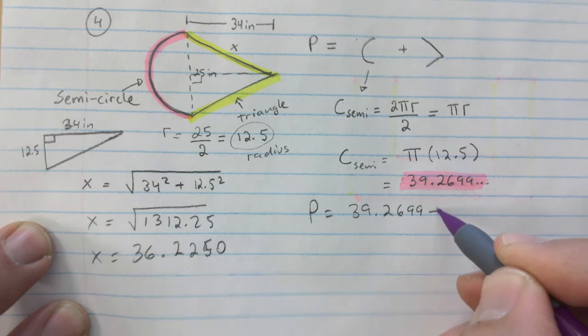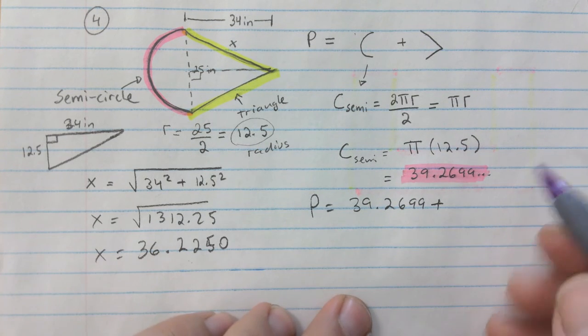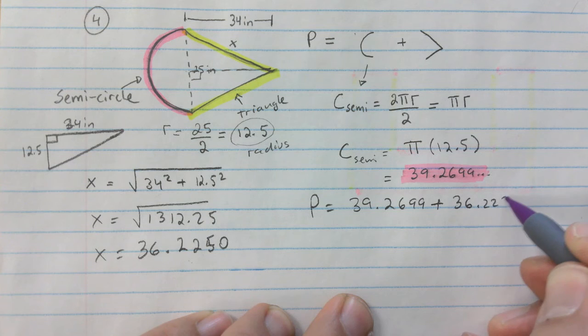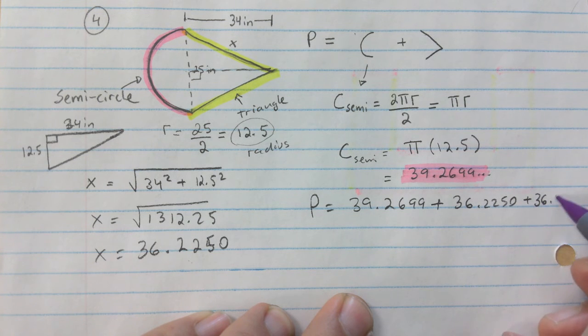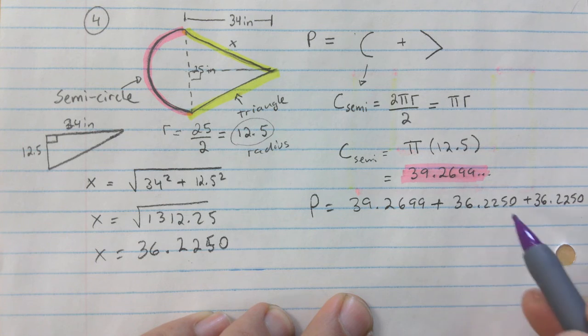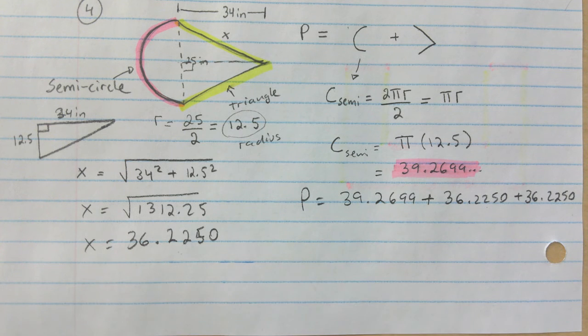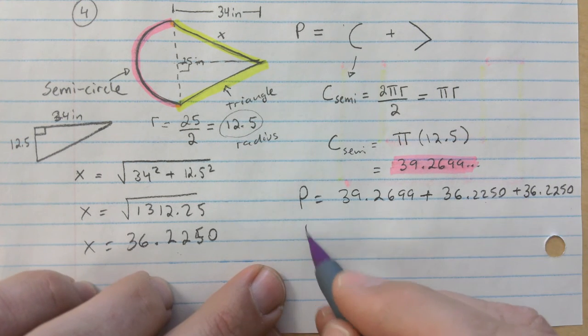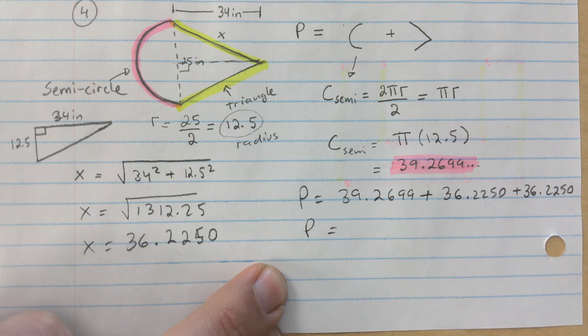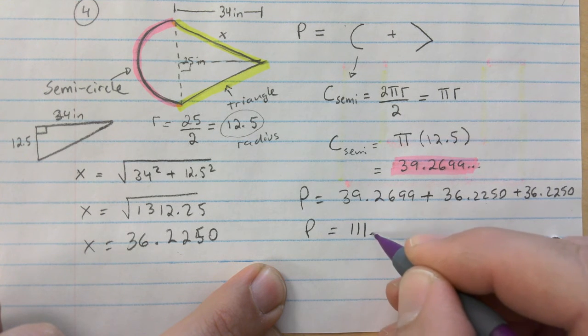So the perimeter is going to be 39.2699 plus 36.2250 plus 36.2250, right? It's because we found one half, we're going to find the other side as well. So the perimeter is going to be 112.72.